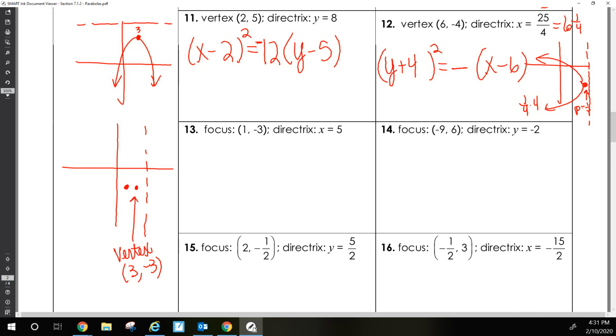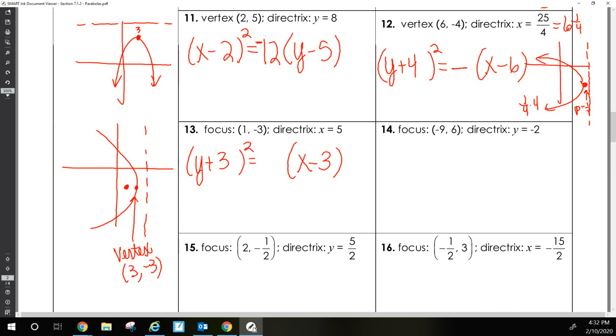Since this is my directrix, this is my focus, I know I'm opening to the left, which means I've got a (y - k) squared, 4p here, (x - h). Plugging in our vertex, remember, this is the vertex we found down here. So x minus 3, y minus a -3 is going to become y + 3.